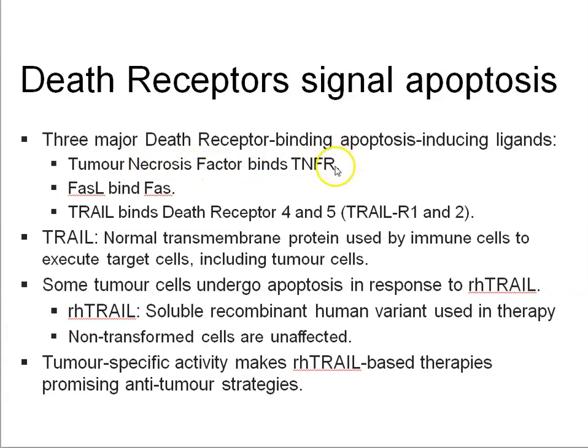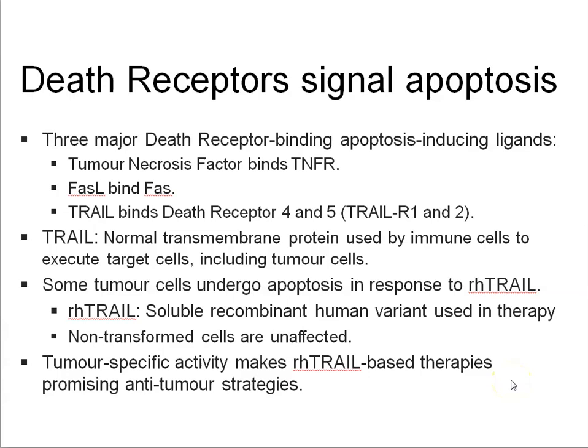factor, which binds the TNF receptor, Fas ligand binds Fas, TRAIL, which is the TNF related apoptosis inducing ligand, binds to death receptors 4 and 5, known as TRAIL receptor 1 and TRAIL receptor 2. So TRAIL is a normal transmembrane protein. You find it on the surface of certain immune cells, particularly NK cells, natural killer cells, and they can induce an anti-tumour response directly.